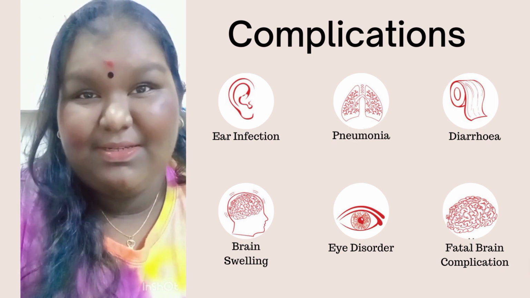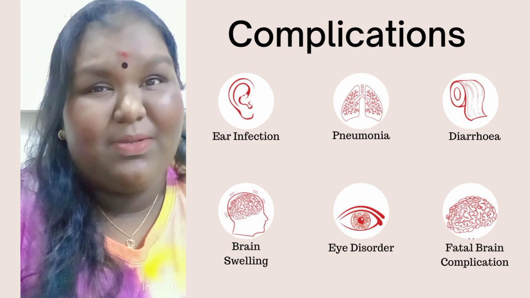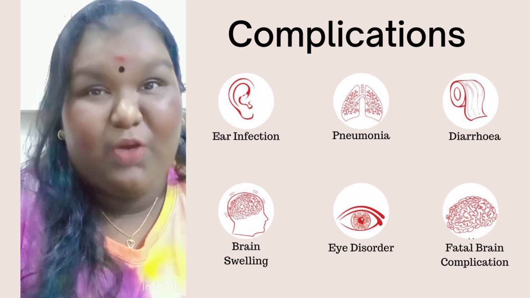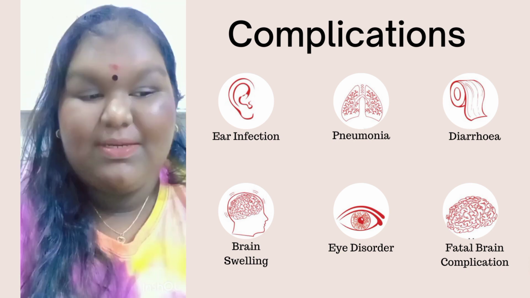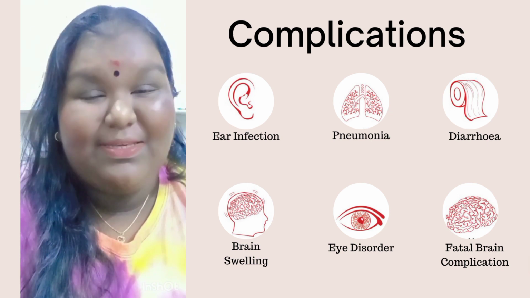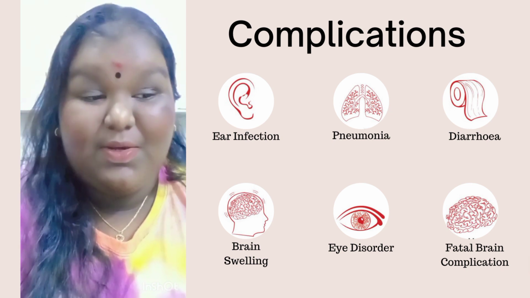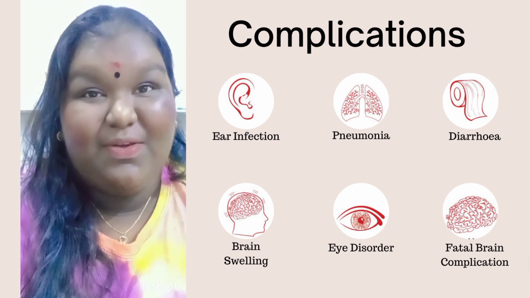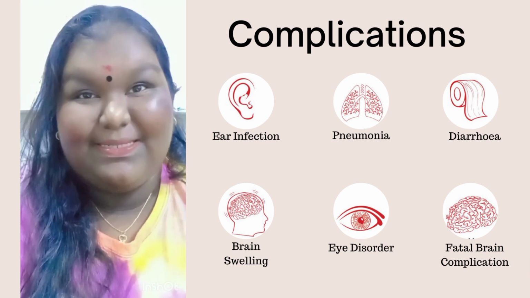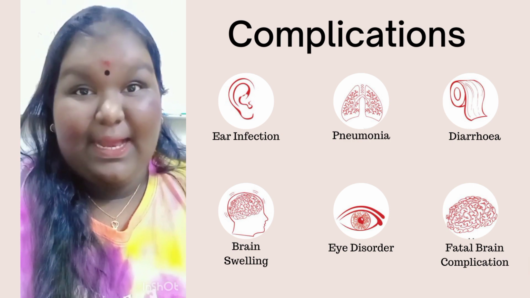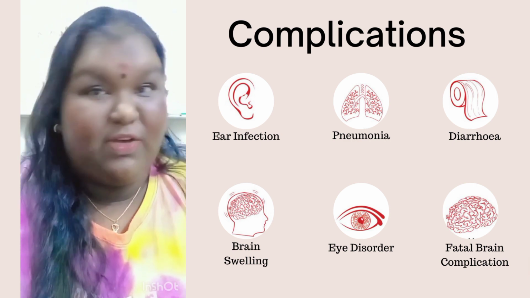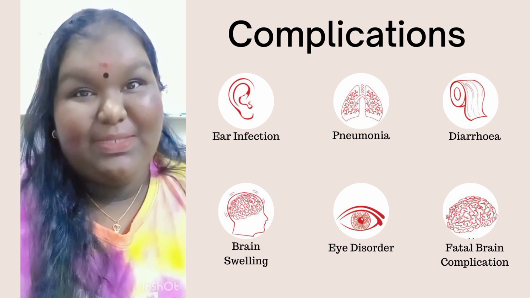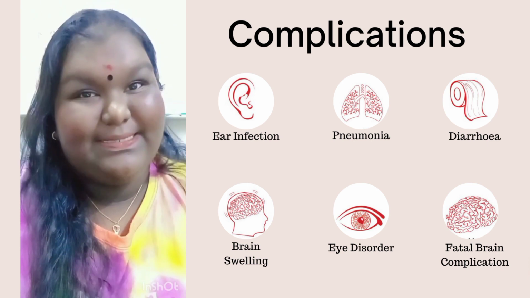It is the most common cause of death among young children. Apart from that, brain swelling is also a complication, which leads to convulsions and can leave a child dead or with mental disabilities. The next one is eye disorder, meaning destruction of the cornea, which also leads to blindness.